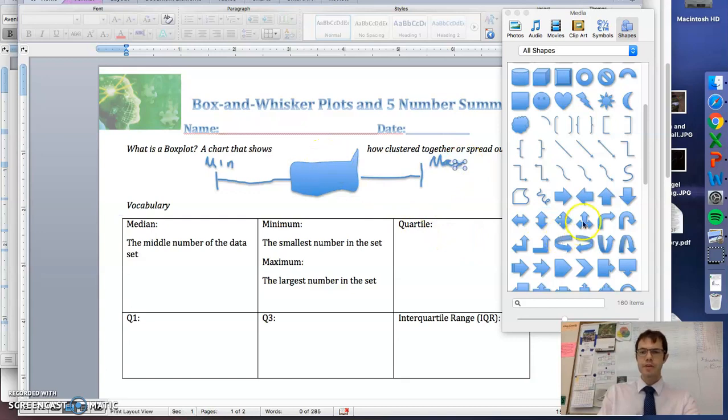And then right here in the middle would be the median. Right in the center of our box is our median.